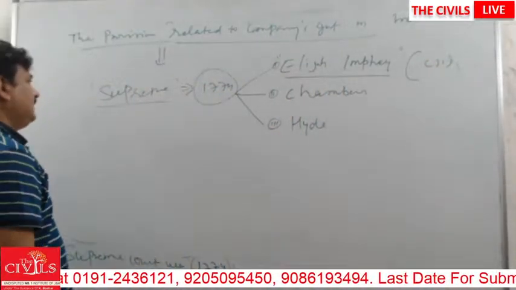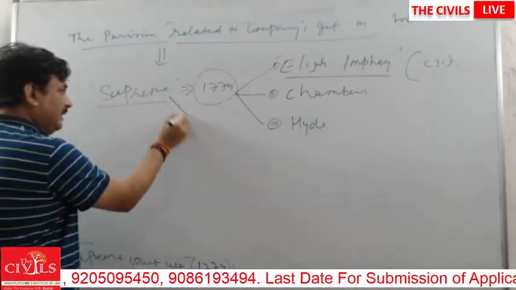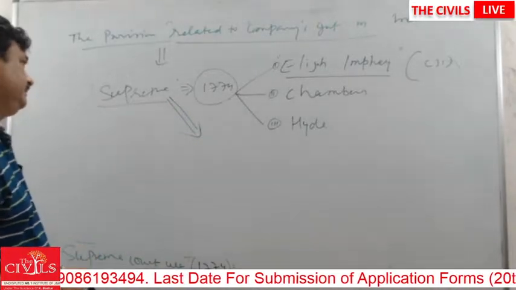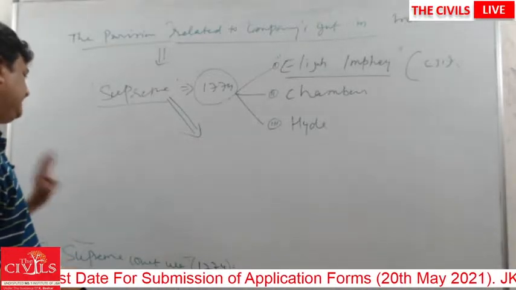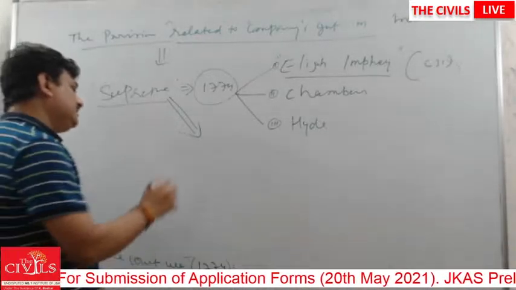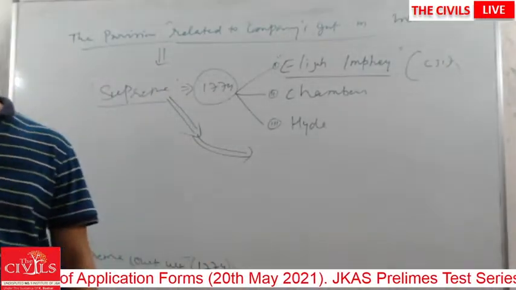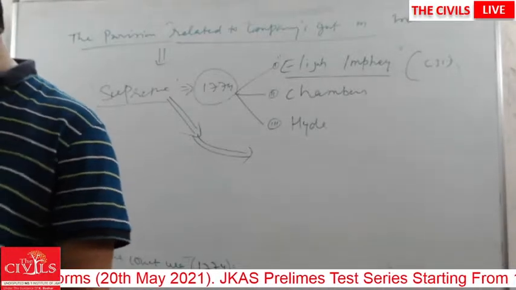The Supreme Court was established, and the appeal against the decision of the Supreme Court was made to the Privy Council, which was in Britain. Okay, the King in Council in Britain.